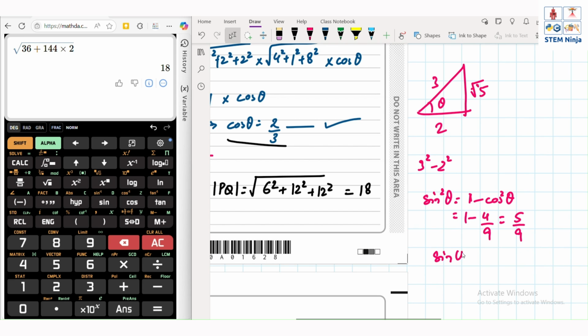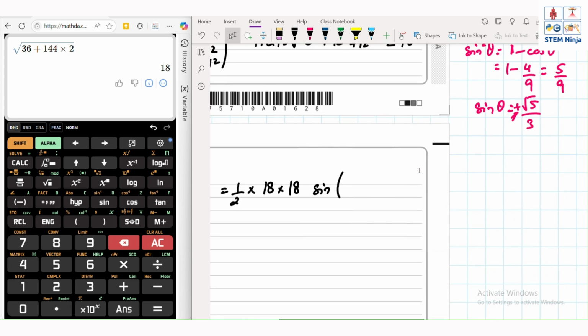So sine theta would be plus or minus root 5 over 3, but since we got a positive cosine value, it's in the first or fourth quadrant, so obviously an acute angle. So we need the positive root 5 over 3.